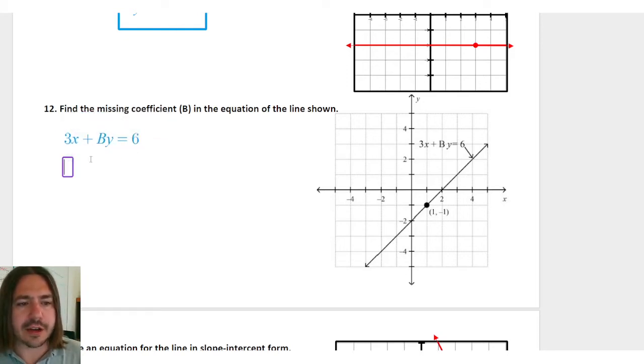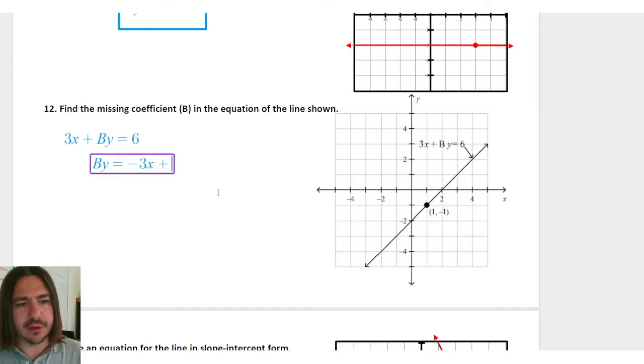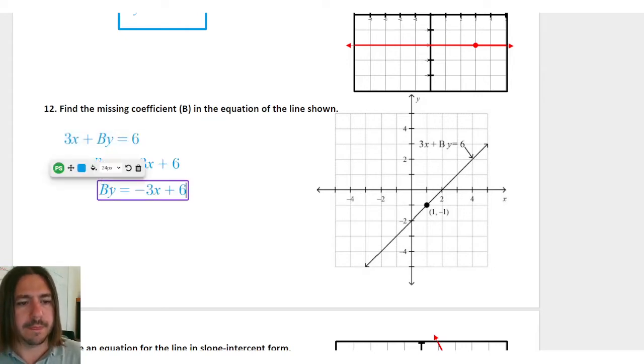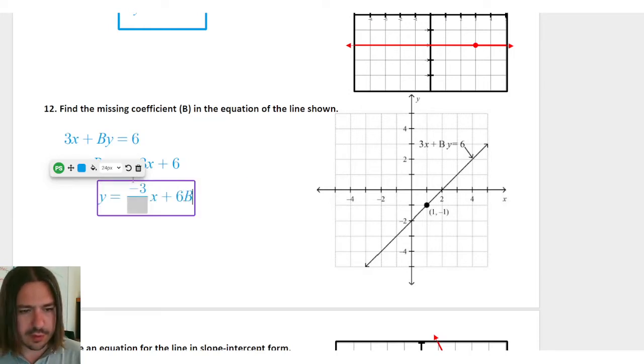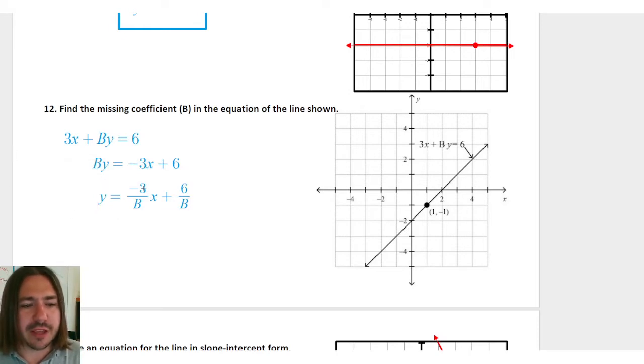I'm going to subtract 3x from both sides and then divide everything by b to get y equals -3 over b, x, and then plus 6 over b.